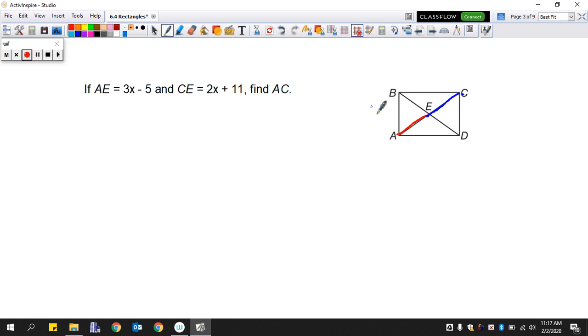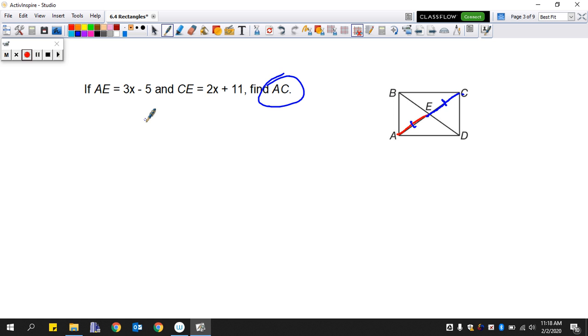One of the properties we learned there is that in a parallelogram, the diagonals bisect each other, or they cut each other in half. So what we can figure out from that is that AE is congruent to EC. And the thing that we're looking for is AC, the full length.